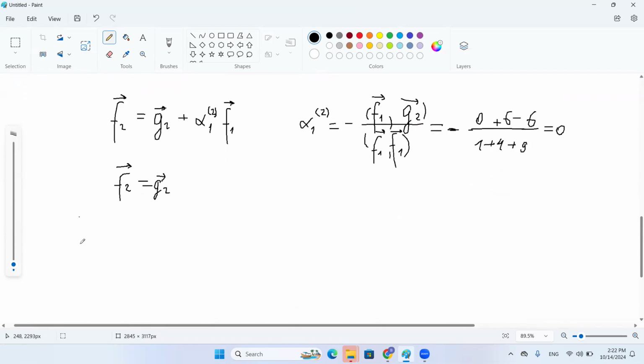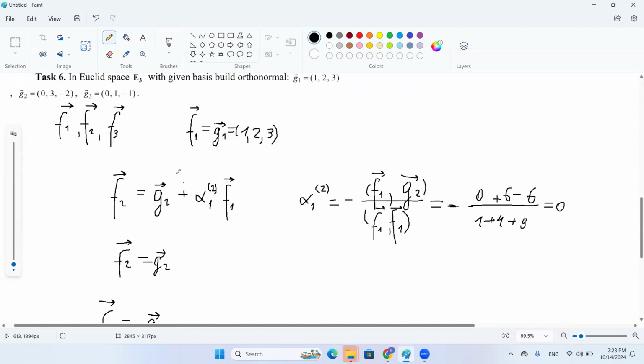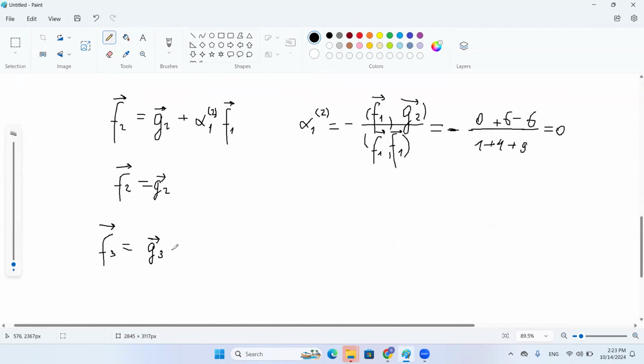But the third iteration will be more complicated. So f3 equals g3. So this expression will be similar to this one, but we will have to add. So we need to find two coefficients, alpha 1 with upper index 3 multiplied by f1 plus alpha 2 with upper index 3 multiplied by f2.